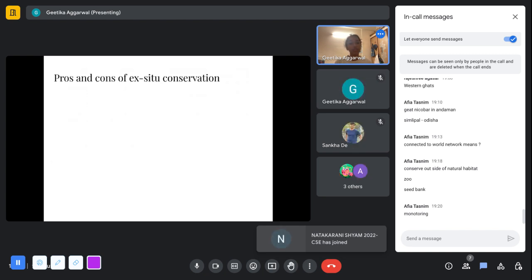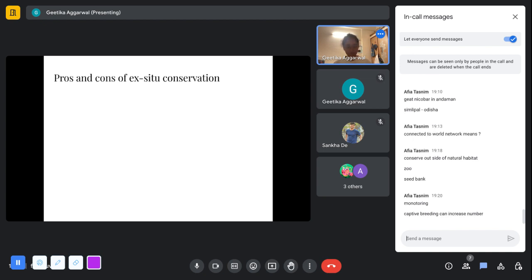What else? Captive breeding can increase numbers, correct?